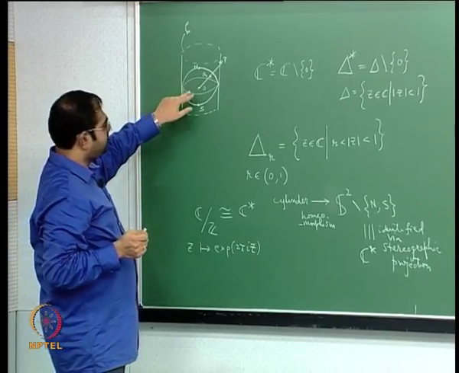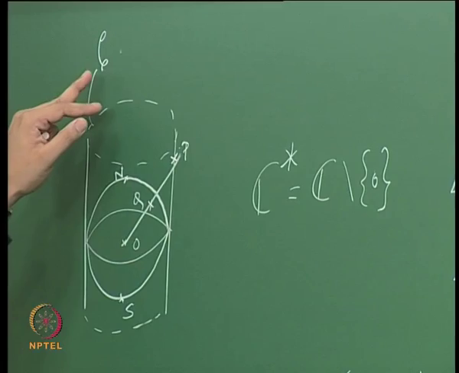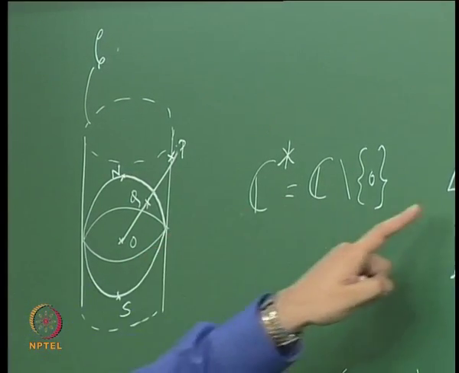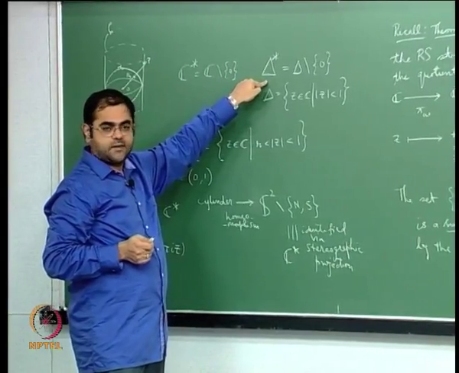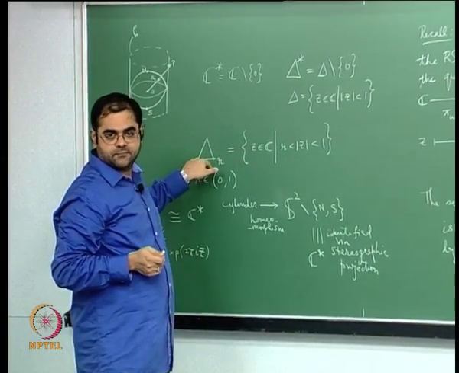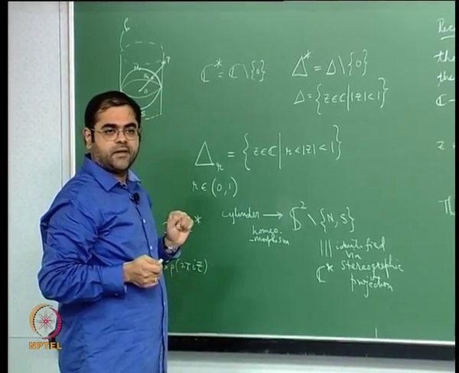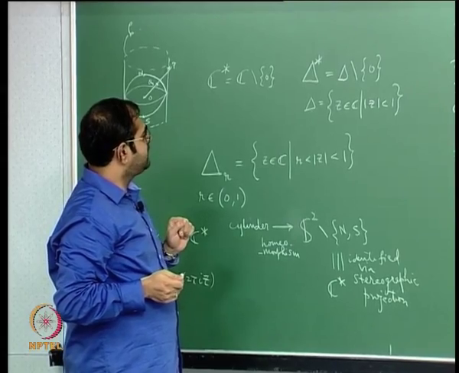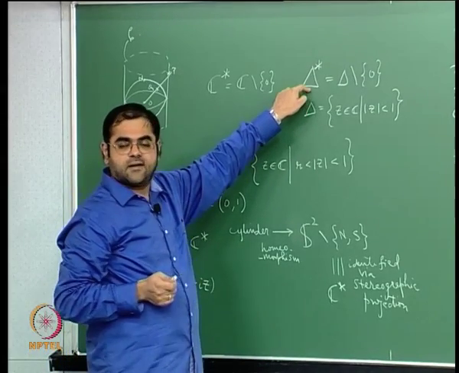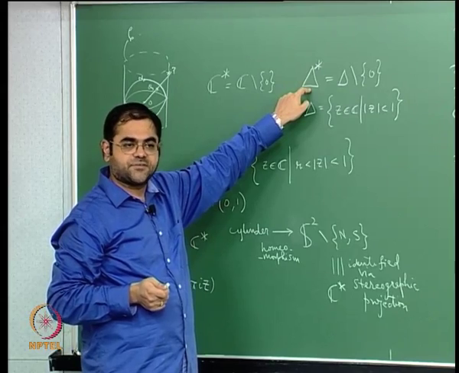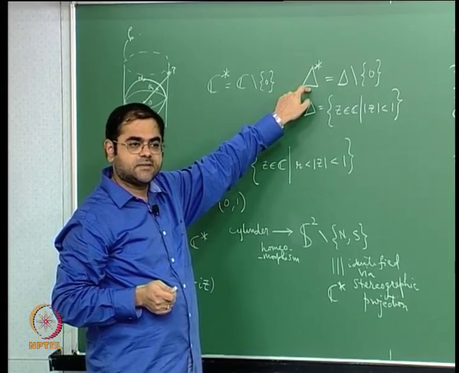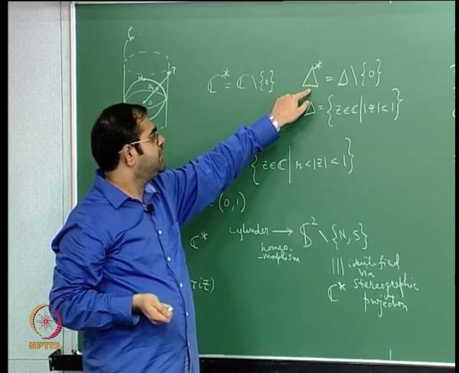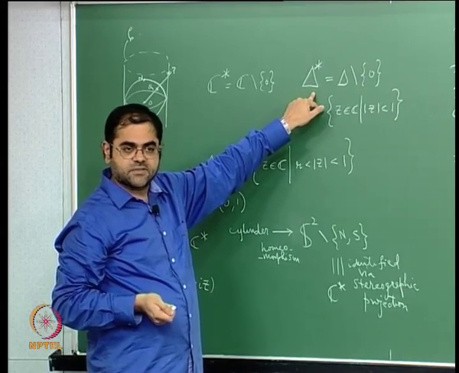Notice that when I do this, the cylinder is also C star topologically. The cylinder is also delta star, and there are also the annuli. They are all homeomorphic. And the point I want to make is that on delta star there is a natural Riemann surface structure, because delta star, the punctured unit disk, that is the unit disk minus the origin, is also an open subset of C, so it also has a Riemann surface structure.